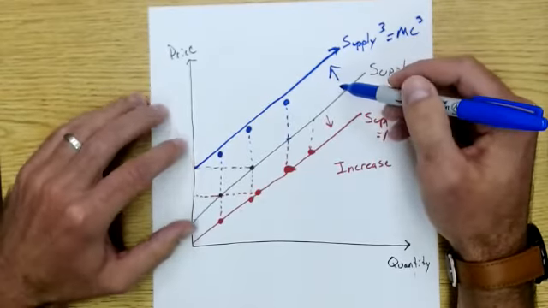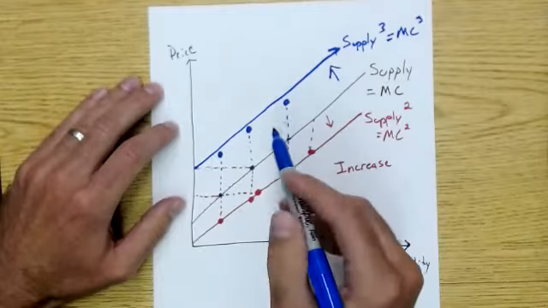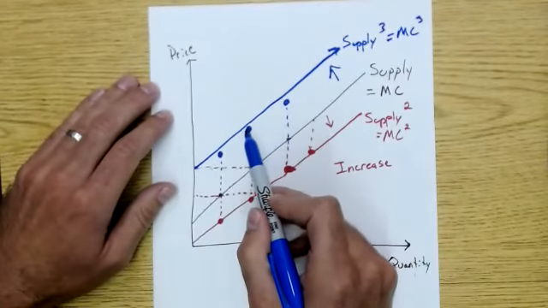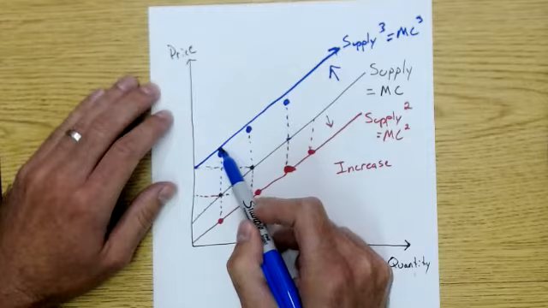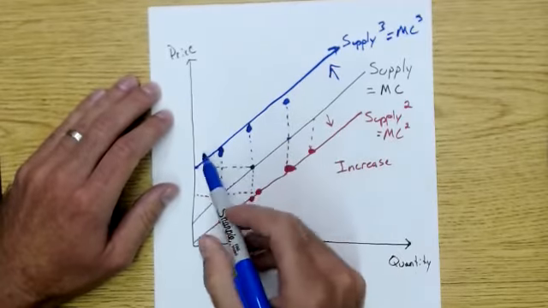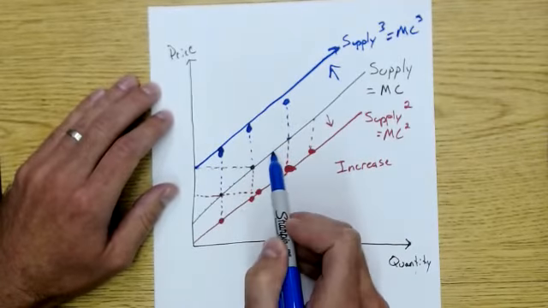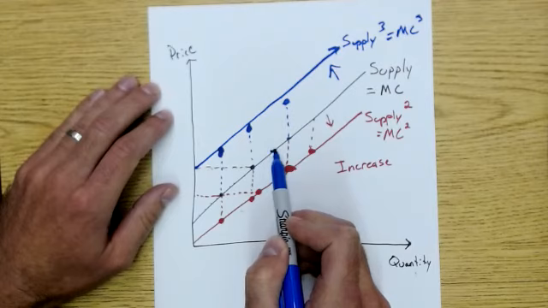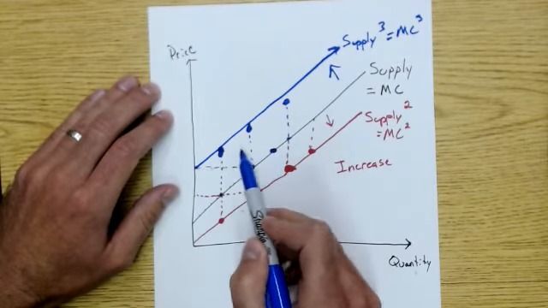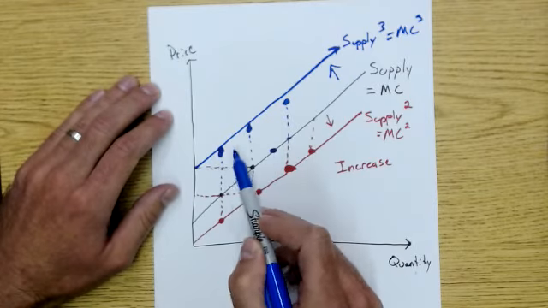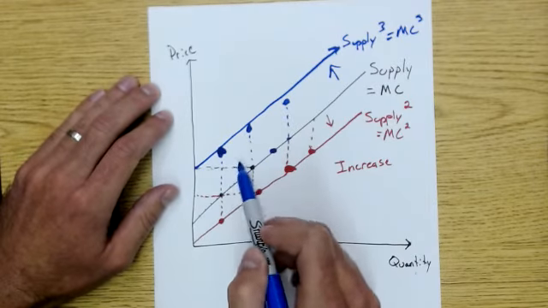So why should we be thinking about this as a supply decrease? It's another way of thinking about it. I just explained that at any given quantity, my costs are now higher. But I can also think about it at any given price. At this price here, before I was right there, but now because costs are higher, if that's still the price of the good, I'm willing to supply less to the market, or the quantity supplied is lower.